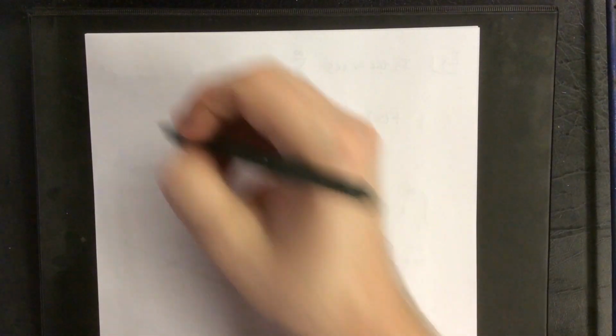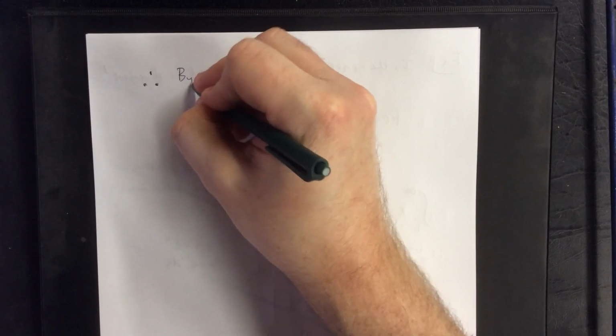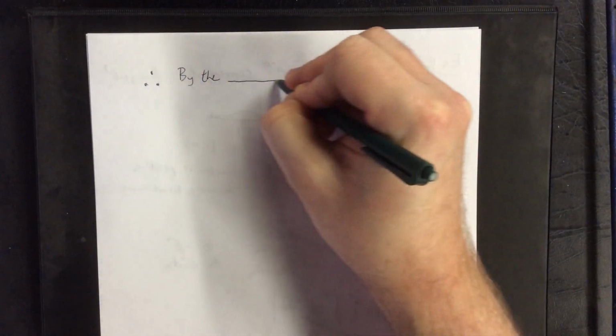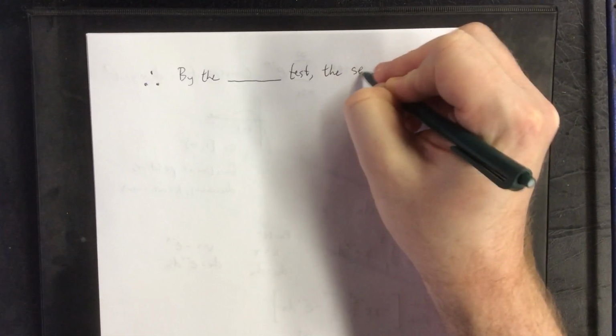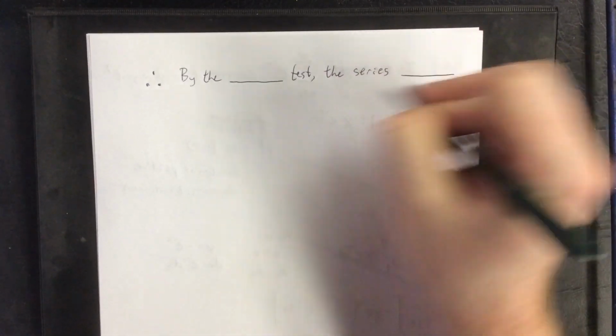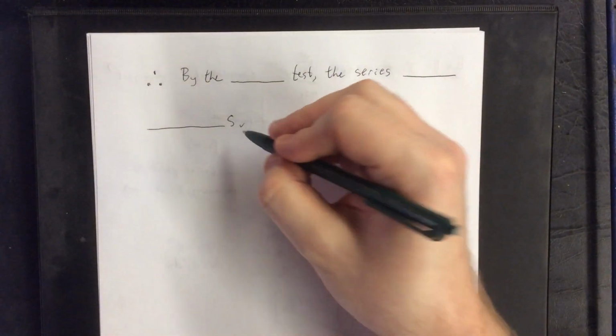I'd like to get us into a habit of how we state our final answer. The 3 triangles is the mathematical symbol for therefore. By the blank test, the series blank blanks. These are 3 blanks that I would like to see filled in for every single one of the problems from here forward.